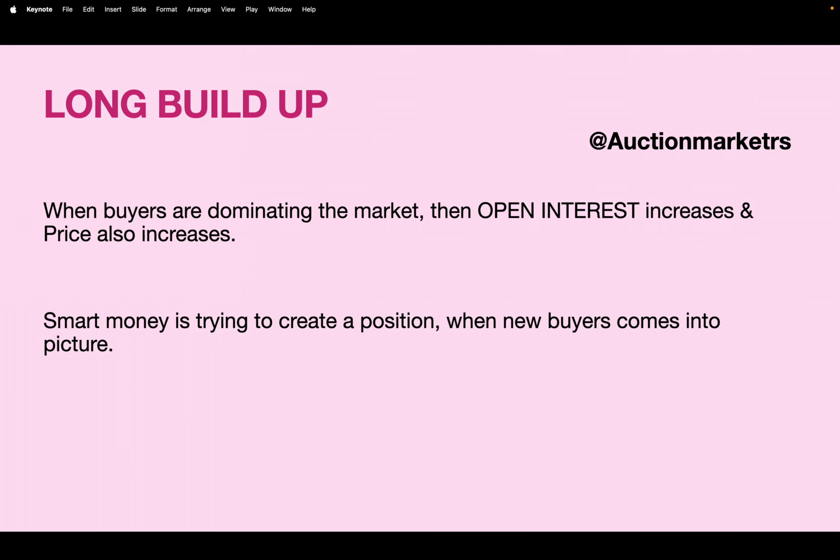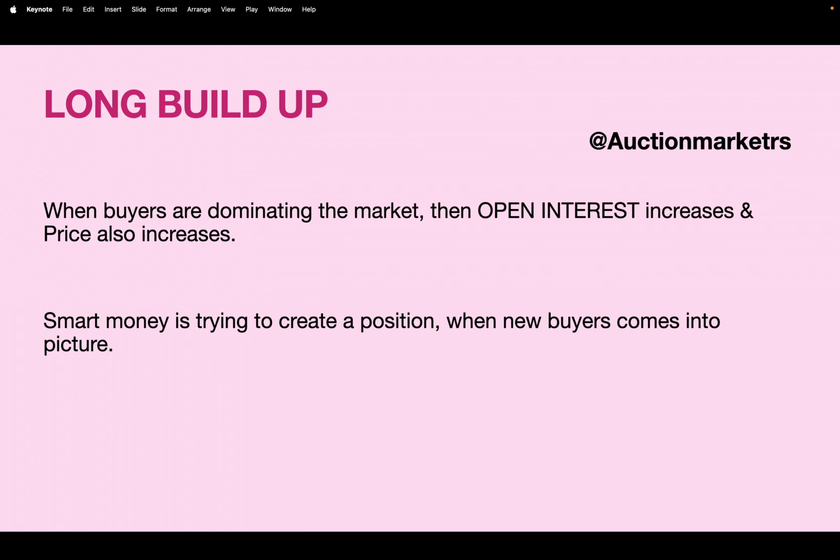Long buildup: when buyers are dominating the market, the open interest increases. As I already told, when a buyer and a seller contract completes, one particular token is generated and that token is called an open interest.